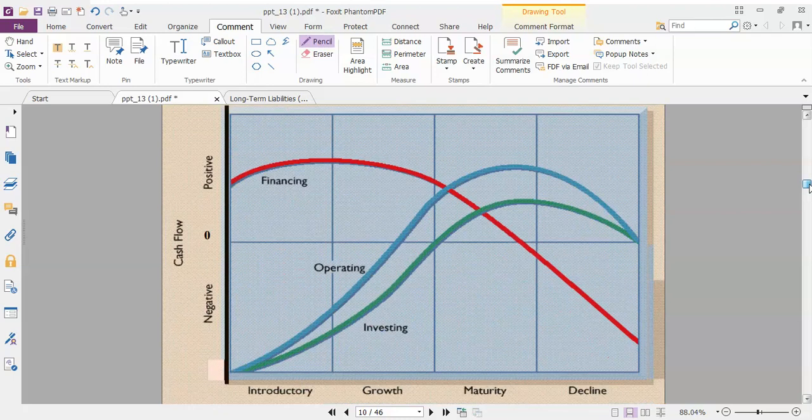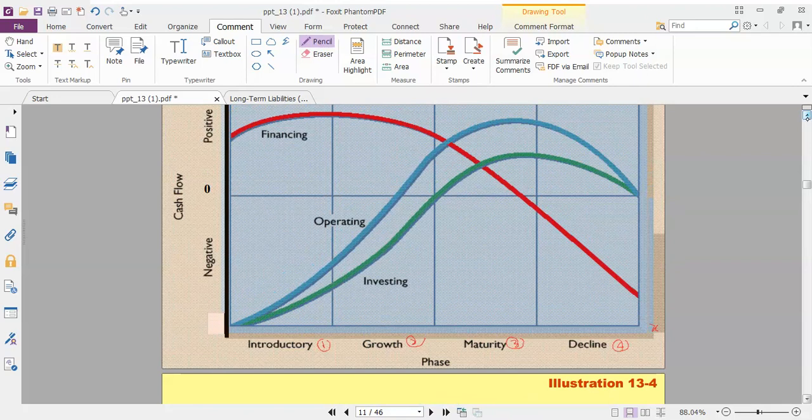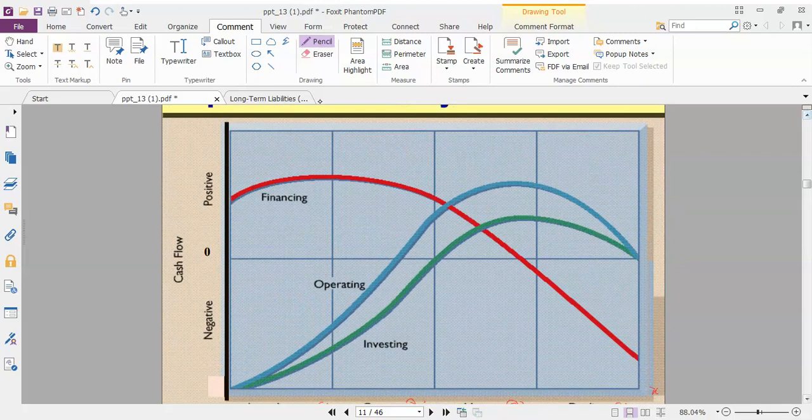So you have four phases here. On the x-axis is the phase: the first introductory, second growth, third maturity, and the fourth decline. The y-axis refers to the cash flow, right?